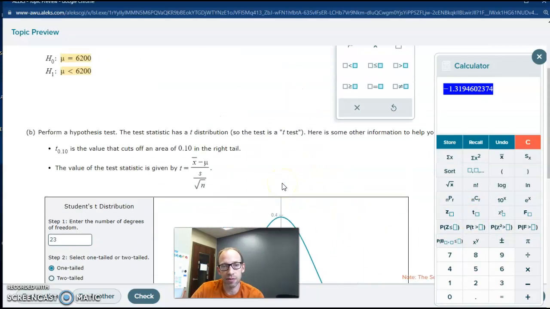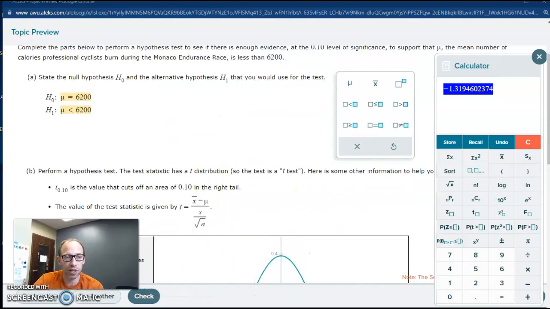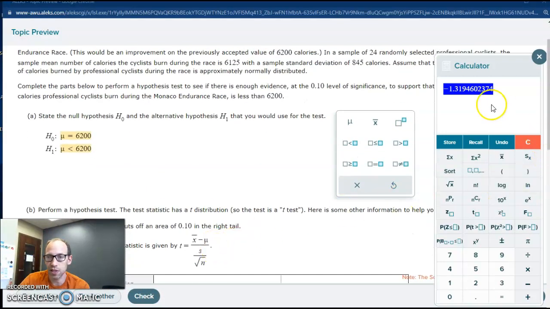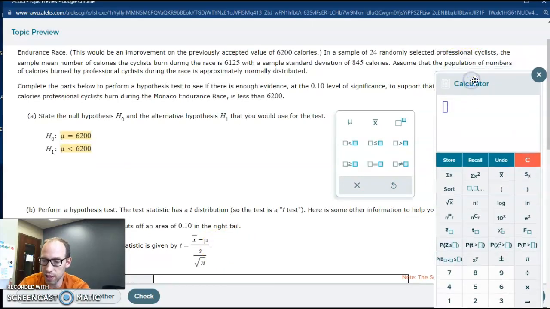The test statistic is going to come as a calculation from this formula here. So let's do that. Our sample mean here is 6125 minus our null hypothesis mean, which is 6200, divided by, very similar to the z-test, but we're using the sample standard deviation, so 845 since we don't know sigma, divided by the square root of n, and there are 24 cyclists.